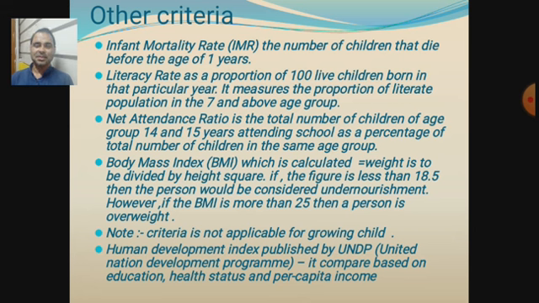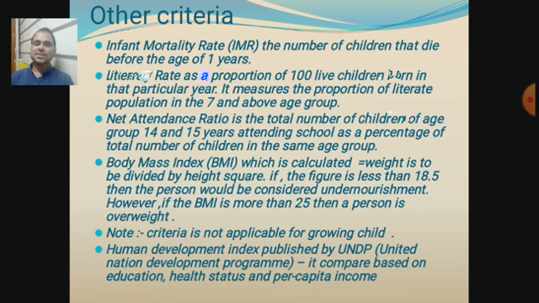Then, what about the BMI, which is called the body mass index, which is calculated as weight divided by height squared. If the figure is less than 18.5, the person would be considered undernourished. However, if the BMI is more than 25, then the person is overweight.